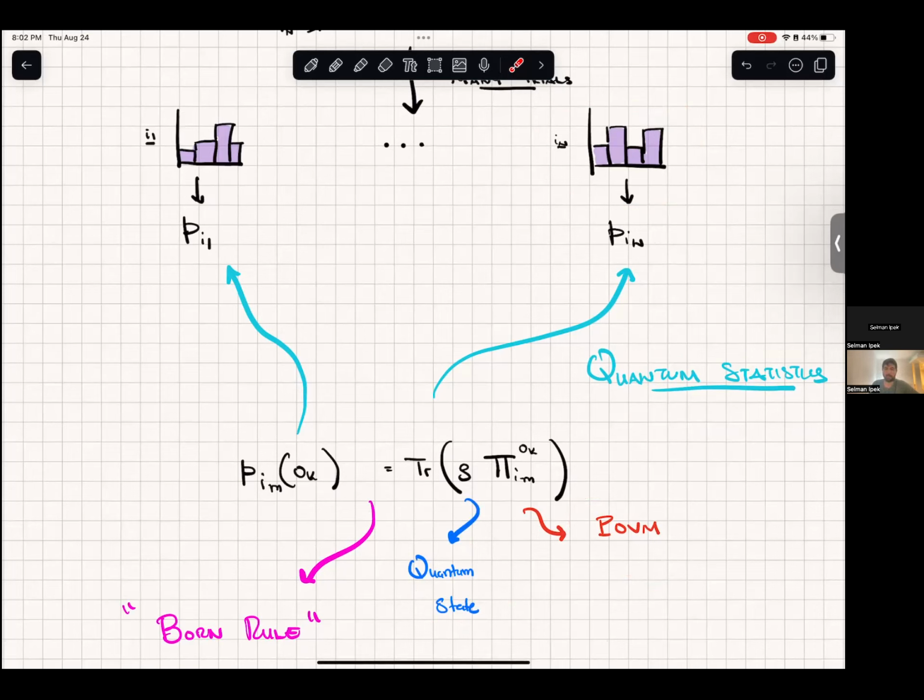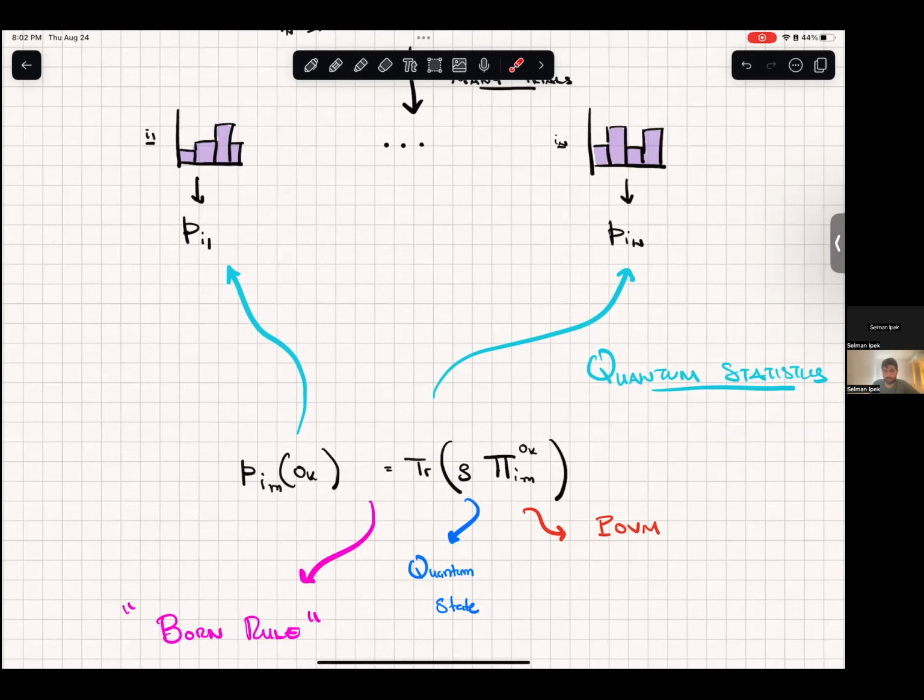Now, we don't need to talk about what these are, but I'm just saying that there are additional ingredients, and the probabilities that you get from quantum mechanics are kind of like a subset of what you would in principle be able to obtain. And so you get these probabilities using this Born rule.